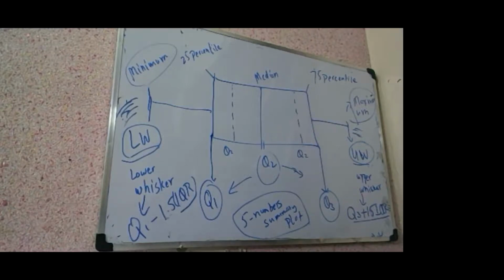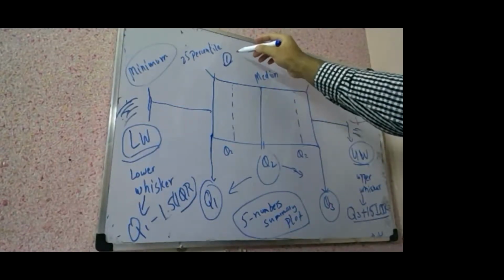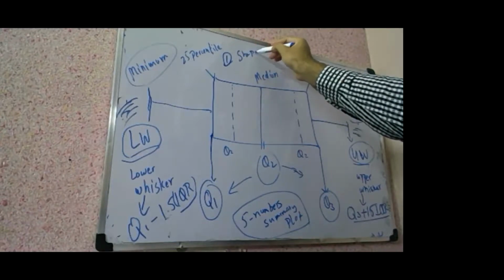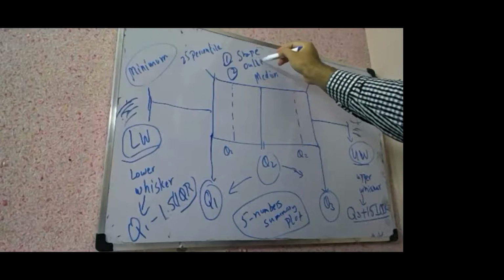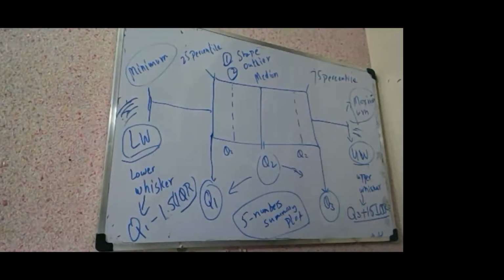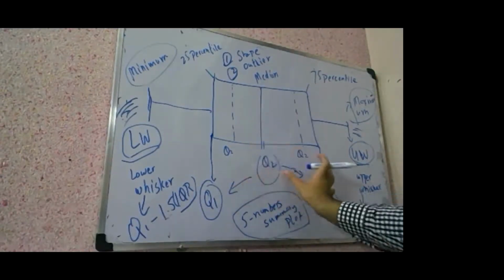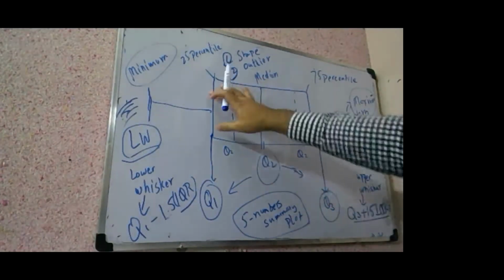Third, so it can show us first the shape. Second, outlier, if there is any. Third, it shows the variation of the data. We know from the width of the IQR box. So this is IQR box, right? This one in between.